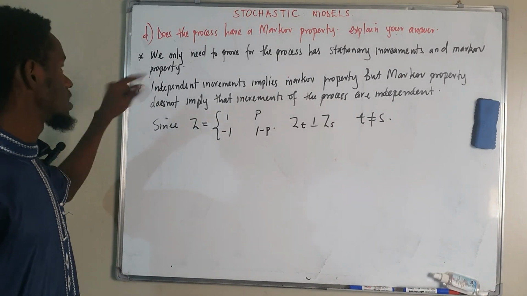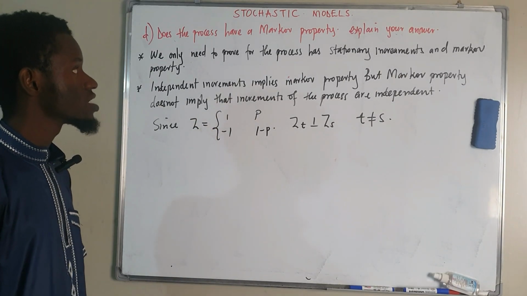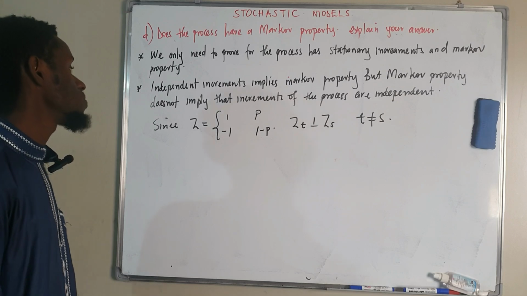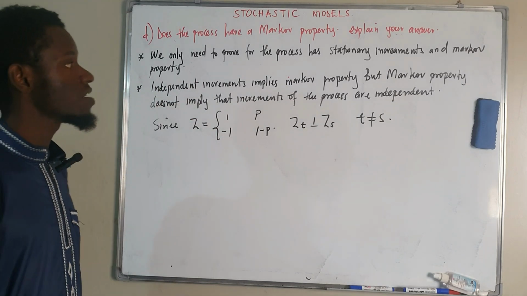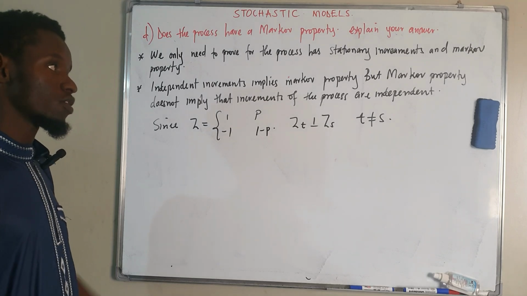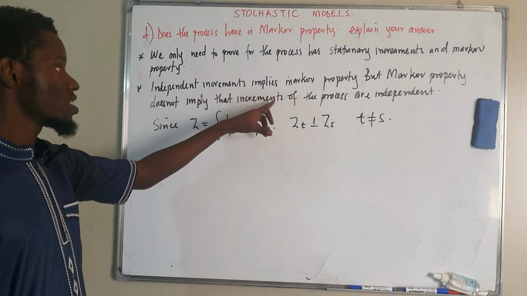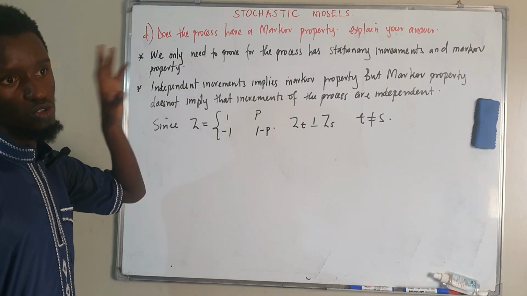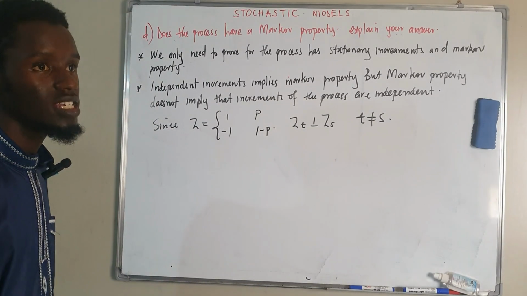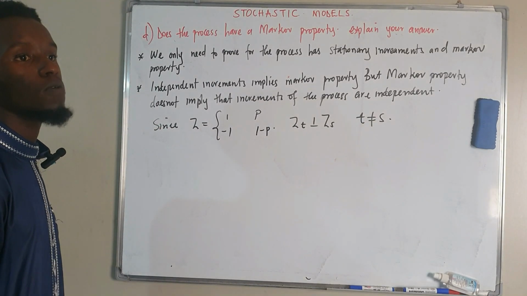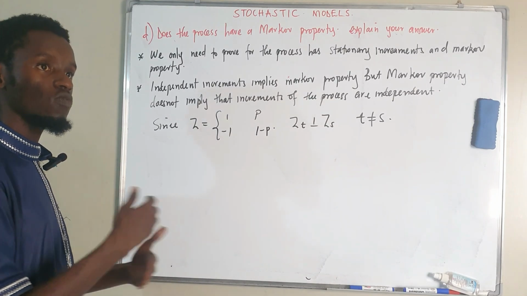You just need to note that we only need to prove that the process has independent increments. Always remember that independent increments imply a Markov property, but the Markov property does not imply independent increments of the process. If you have a process which has independent increments, it means that the process has a Markov property.